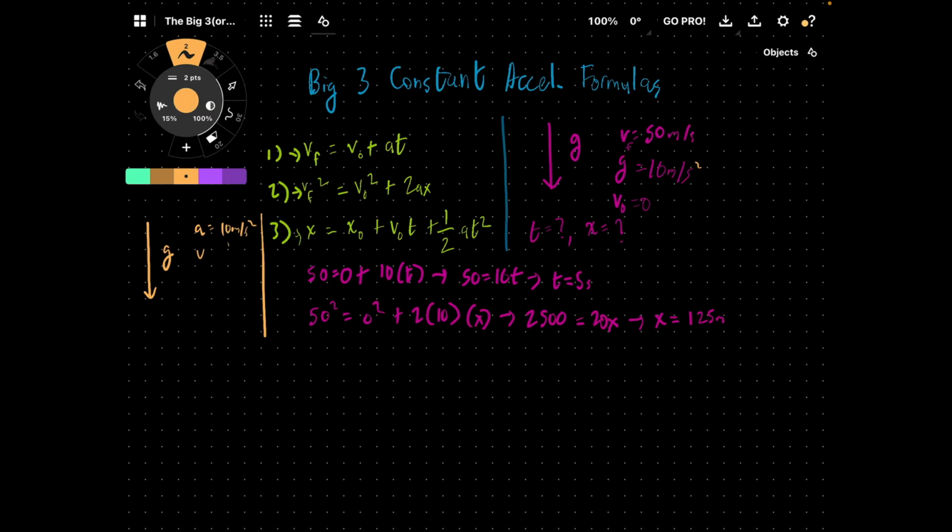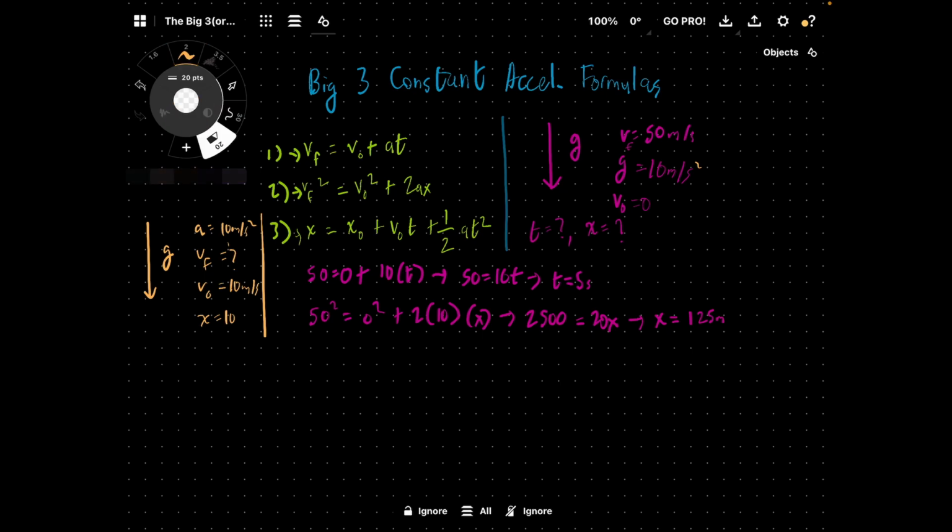What we need to find out is our final velocity, and what we're also given is that our initial velocity is equal to 10 meters per second, and the distance covered is equal to 100.